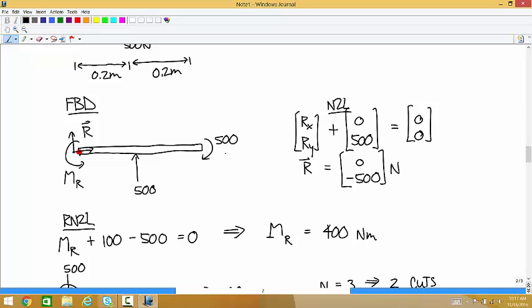It creates moments depending on where your about point is, but a moment produced by a force is different than a couple. A couple is two equal and opposite forces. That 500 is just this. So it's a different thing. We did change our internal load answer if we didn't have the 500. Yes, it would change. That's right, because it would have changed our external load answers, and then it would have changed our internal load answers based on that.